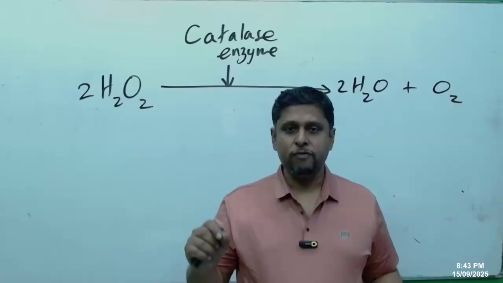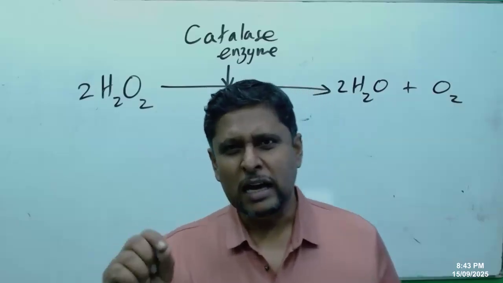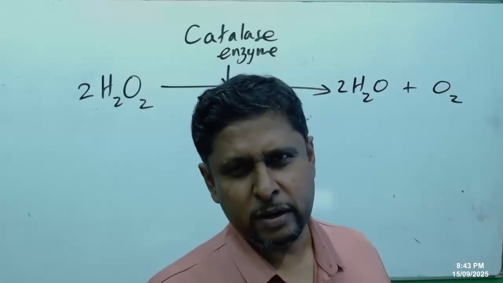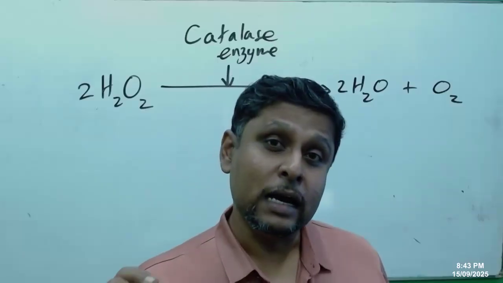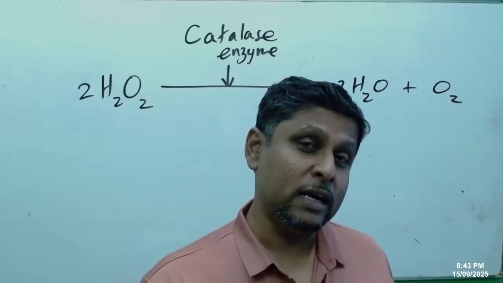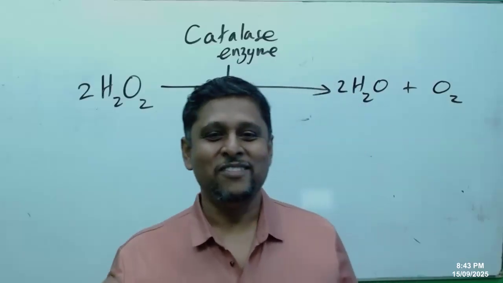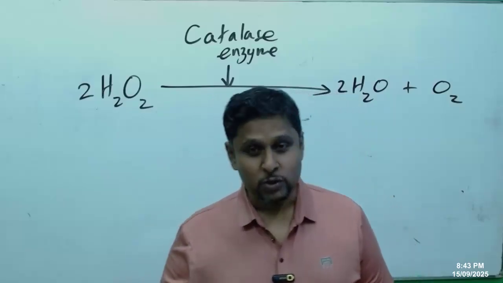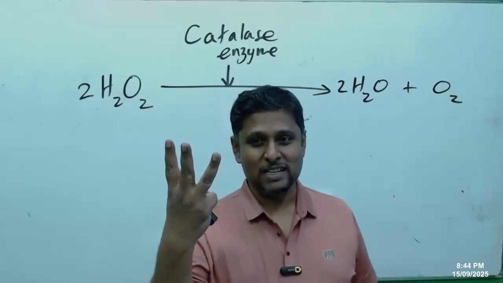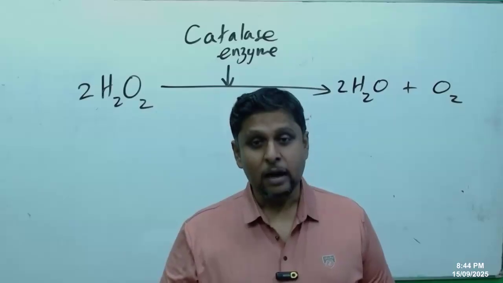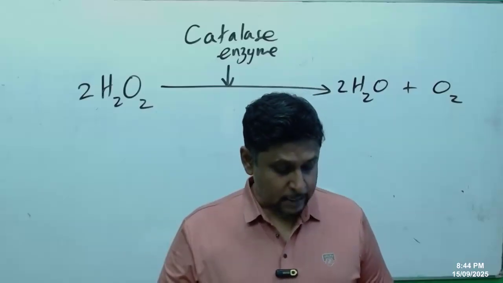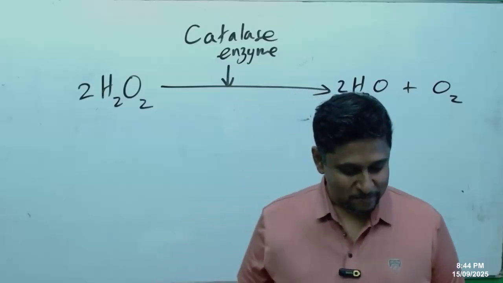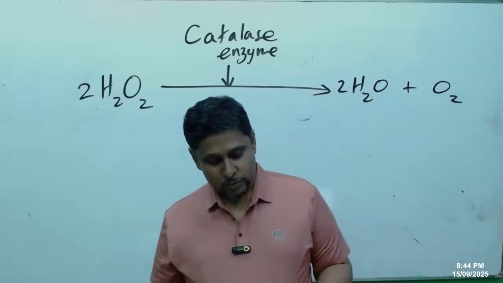Then a special modified peroxisome is called glycosomes. Glycosomes are involved in conversion of fatty acids into sugars. So three functions we discussed. Question number 37, the last structured question: what are glycosomes?